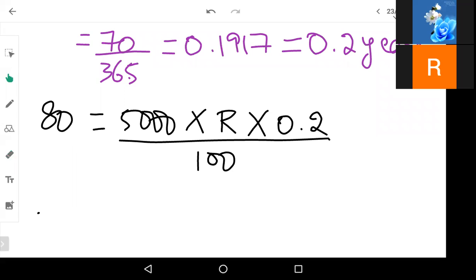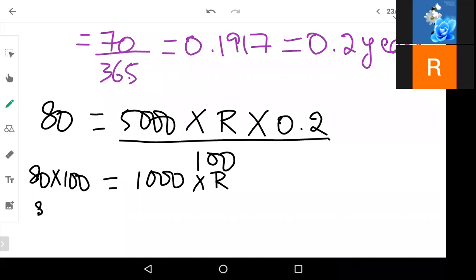If you take 100 to the other side, it's going to become 80 into 100 is equal to, now find out 5,000 into 0.2. 5,000 into 0.2. This will give us 1,000 into R. So 80 into 100 will give us 8,000 is equal to 1,000 into R.